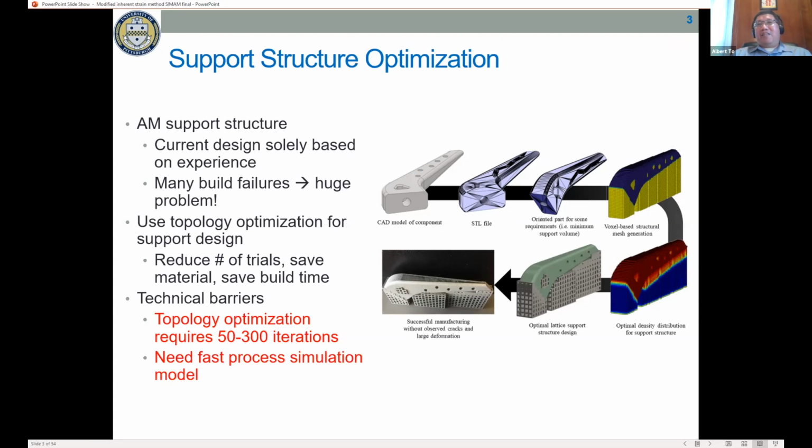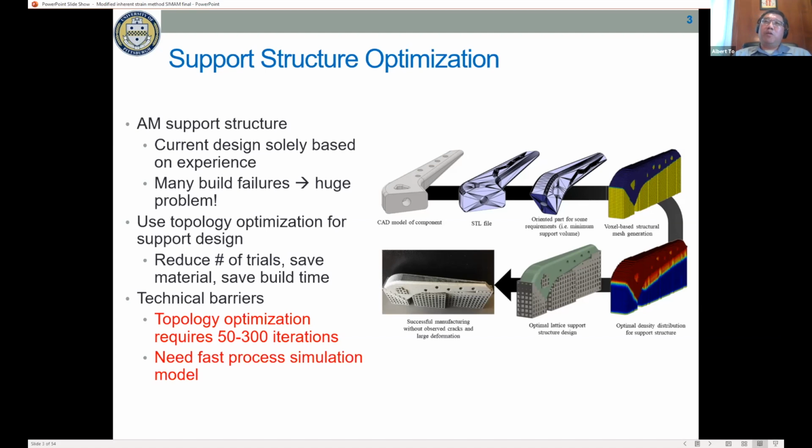So the problem with topology optimization is that it needs a lot of iterations. So basically, you have to solve the forward problem to predict residual stress or distortion, and that's computationally pretty intractable at that time.